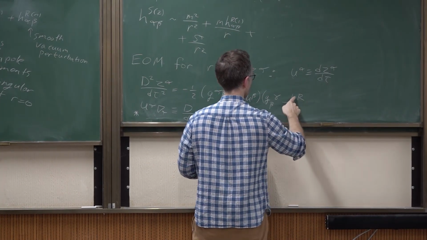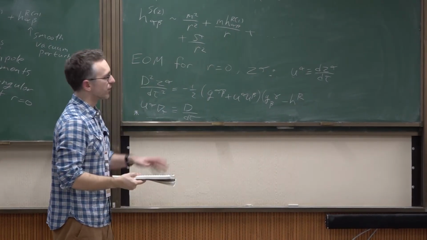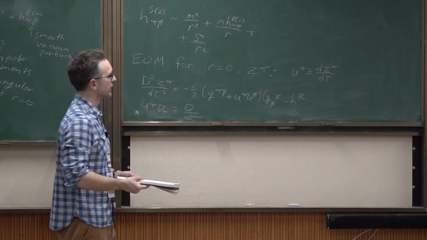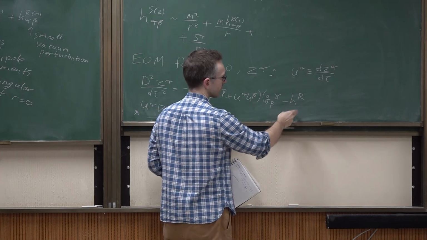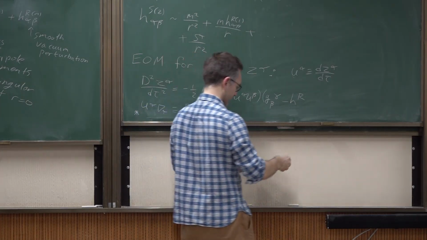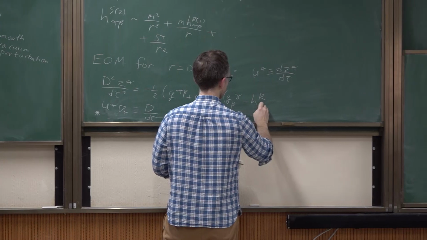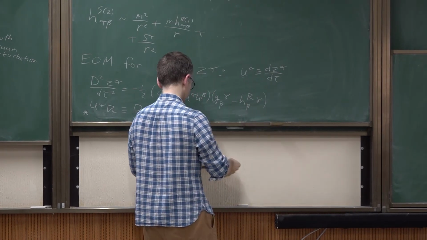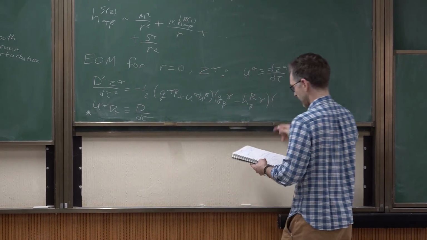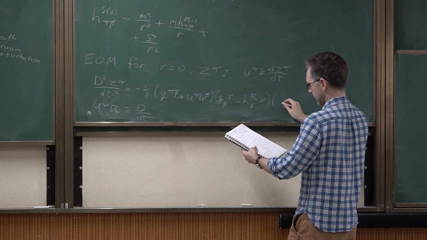So here I'm going to write down an HR with no number 1, number 2, etc. This is the sum of HR1 plus HR2.